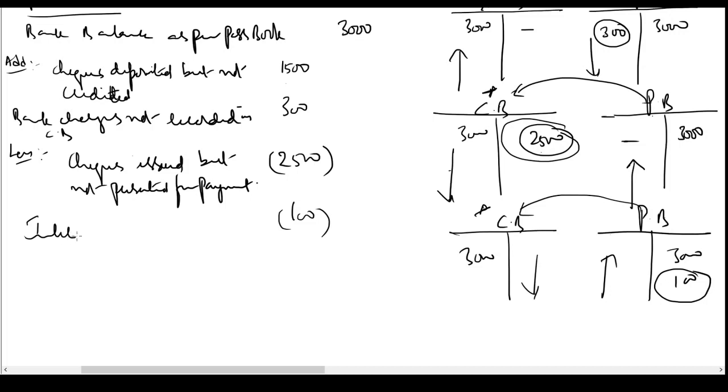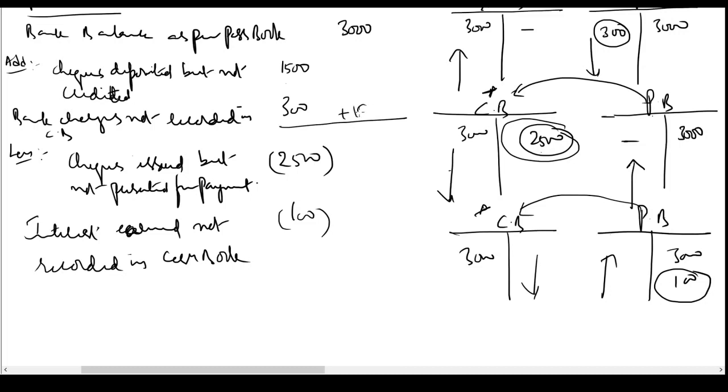Interest earned not recorded in cash book, rupees 100. Now the balance will be 1800 here. 3000 plus 1800 is 4800. 2600, the balance will reduce.